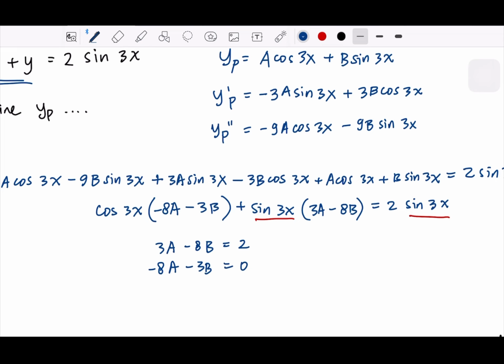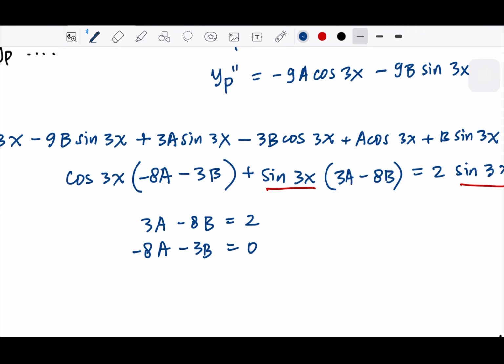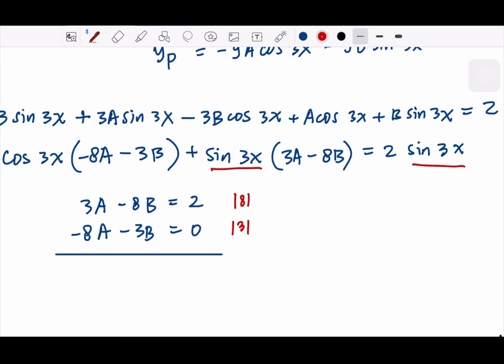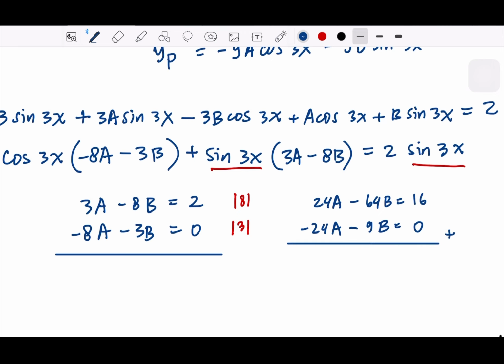And we need to solve this. I think the number is not a good number, but let's try to solve this. So we multiply with 8 and multiply with 3, to make it 24a, and need to plus.